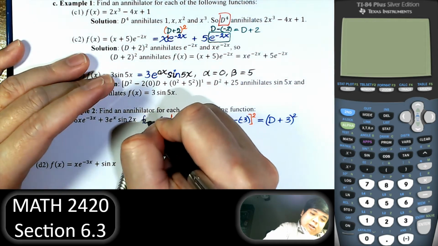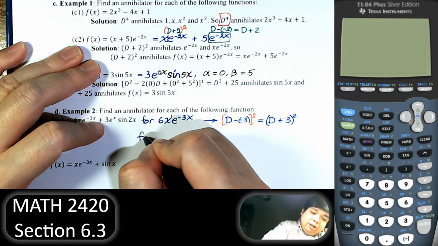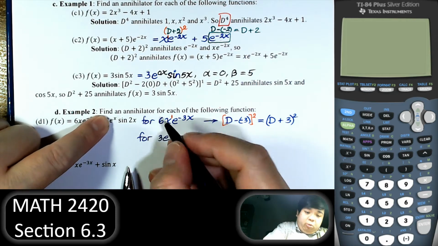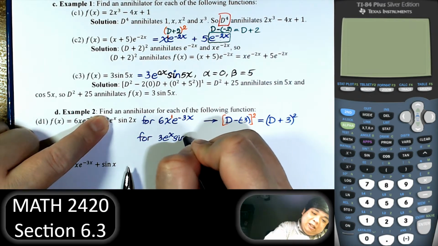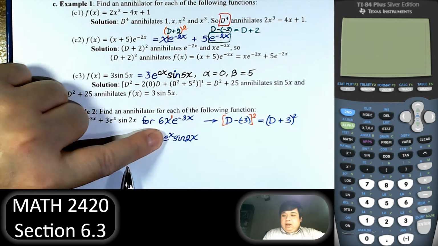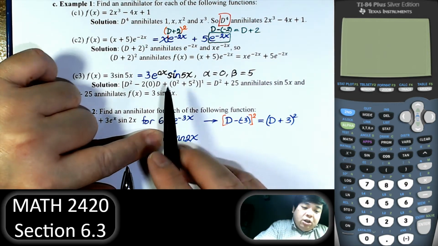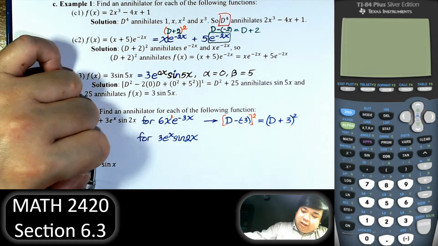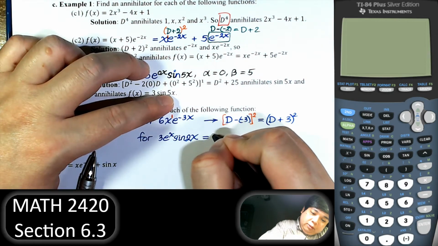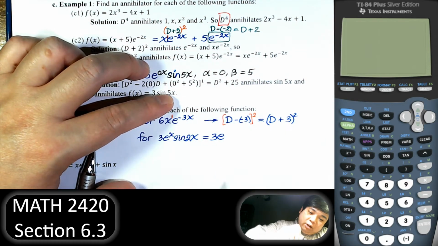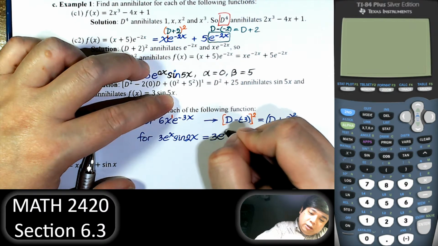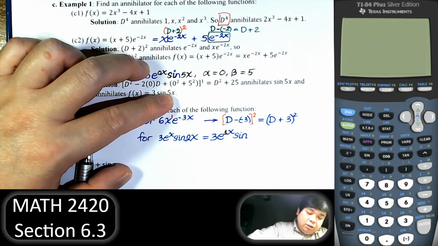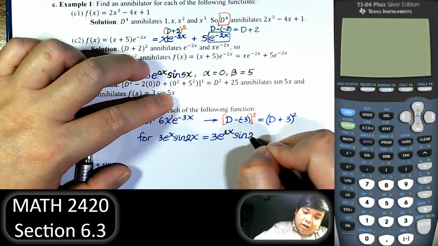Right. Now, next, for the 3 or the 6, it doesn't really matter. We only worry about the variable terms. Now, if we write this, alpha is equal to 1 and beta is equal to 2. So let's just write 3e^(αx) sin βx.